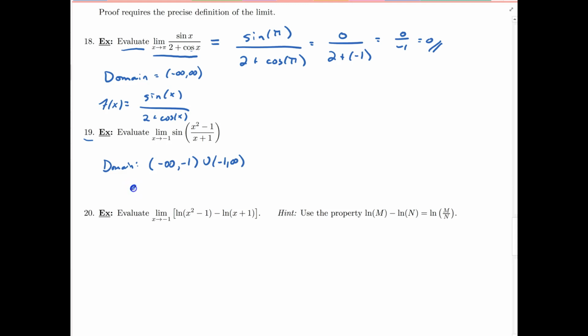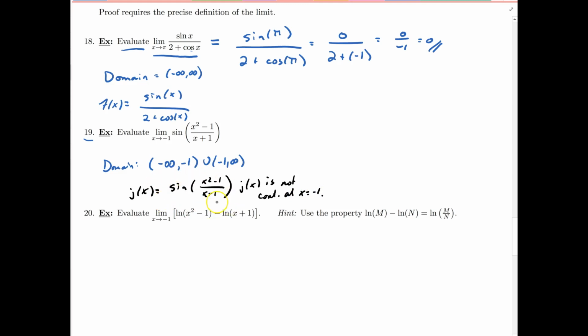Notice that if I call this function, let me give it a completely different name, let's say j of x is equal to the sine of x squared minus 1 all over x plus 1. Well, then j of x is not continuous at x equals negative 1.